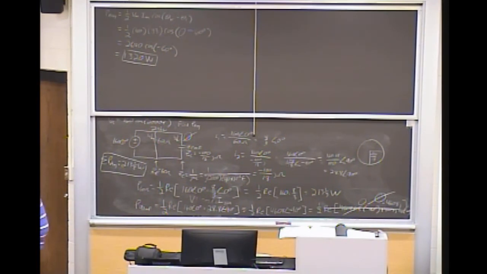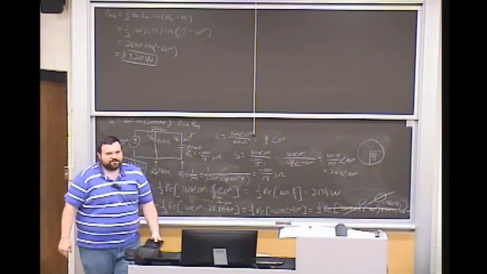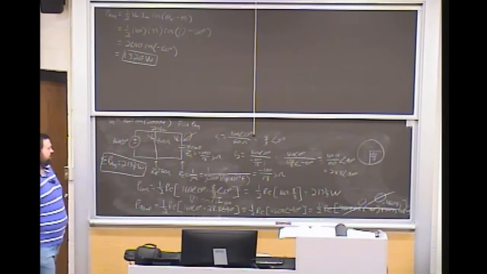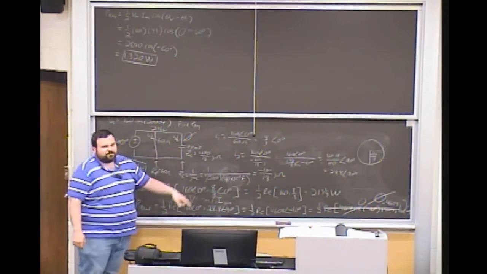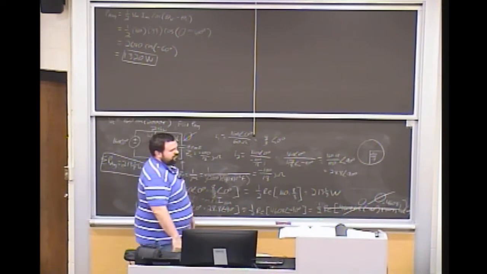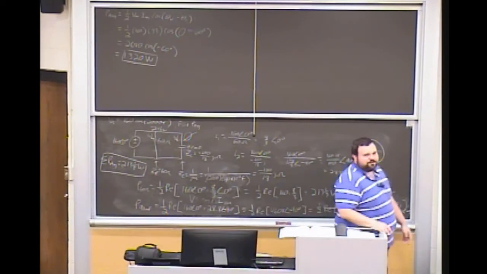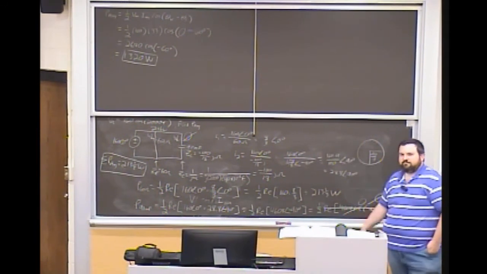So if you ever are given a problem where you have multiple things in parallel like this, and those branches are purely resistive or purely capacitive, here's a nice shortcut you can take. Anything that's purely capacitive or purely inductive is going to, on average, dissipate 0 power. Anything that's resistive, if you just want to find the parallel equivalent of all the resistances, you can do this the same exact way, just one time.